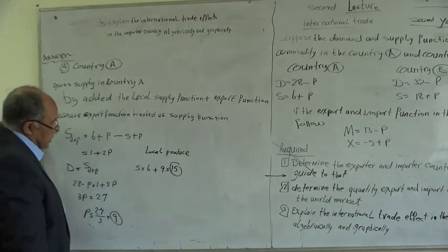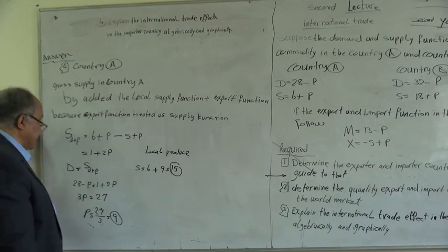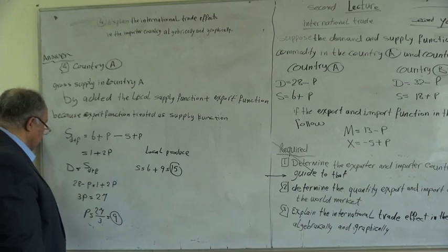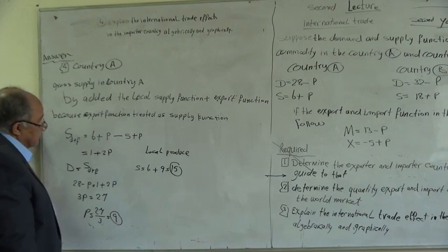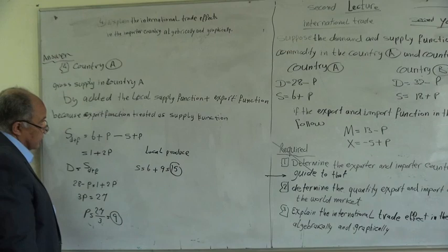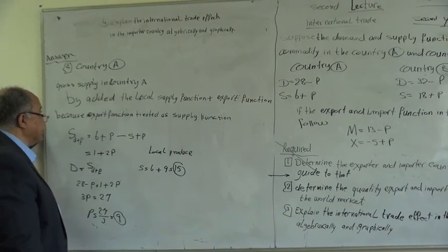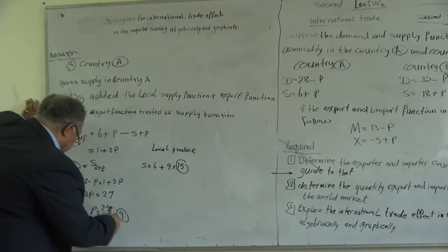But the local consumption in this country is increased, because the price is lowered from 11 to 9. We can get this by substituting in local demand.